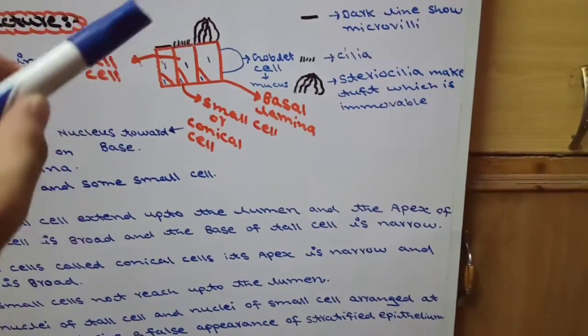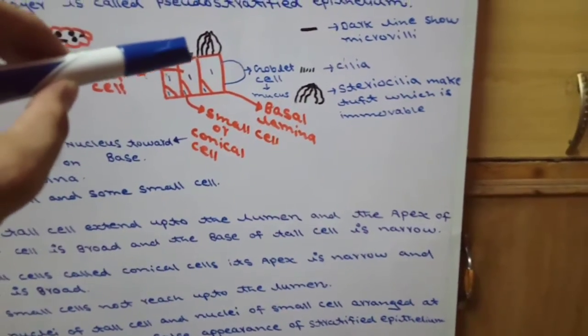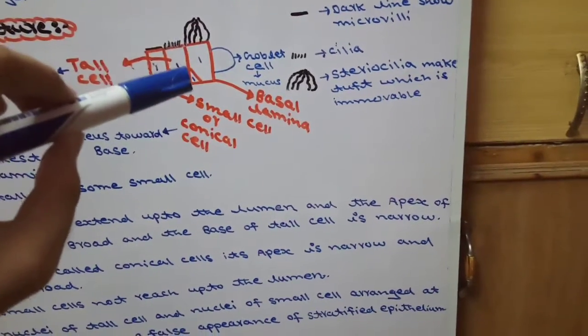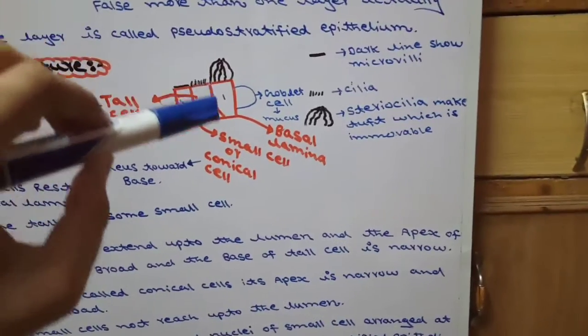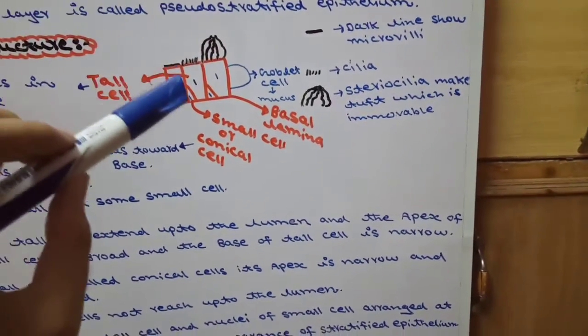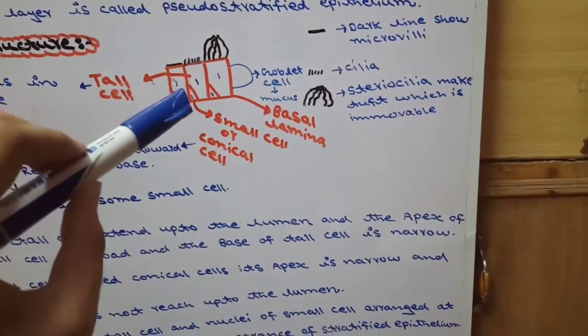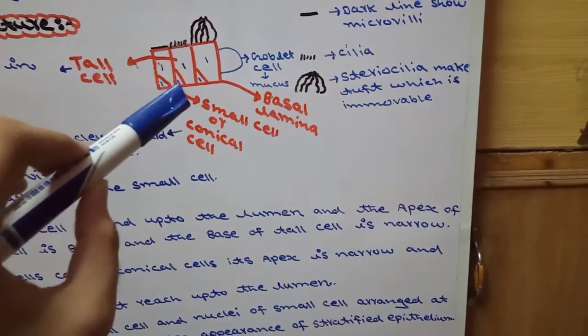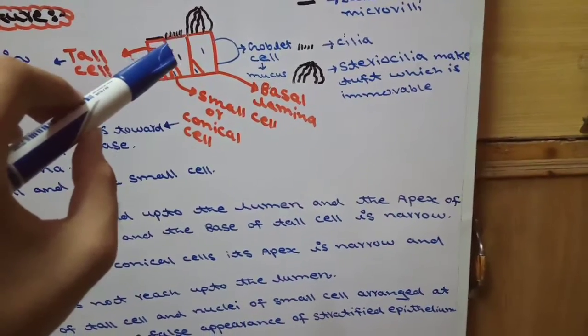Number two, the tall cell extends up to the lumen. From the basal lamina up to the lumen, the tall cell is extended, but the small cell does not extend from the basal lamina up to the lumen. It extends up to the middle.